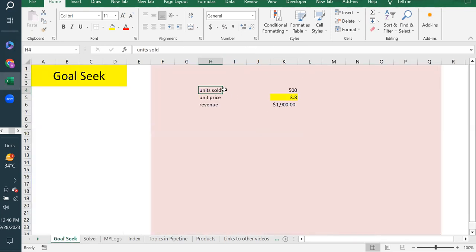As part of our solver module, we have a goal seek example set for you, in which in the previous video we showed you that you can use goal seek to determine what price you would need if you have a certain target of revenue for a given number of units sold, right? So it has calculated it.